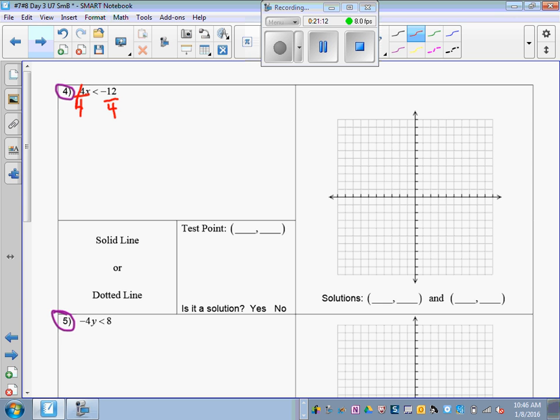My 4 is reduced to 1, so I just have x is less than negative 12 divided by 4, which is negative 3. Why did I not flip my inequality? Right, I divided by a positive 4. Even though 12 is negative, I'm not dividing by negative 12. I'm dividing by positive 4, so it stays the same.